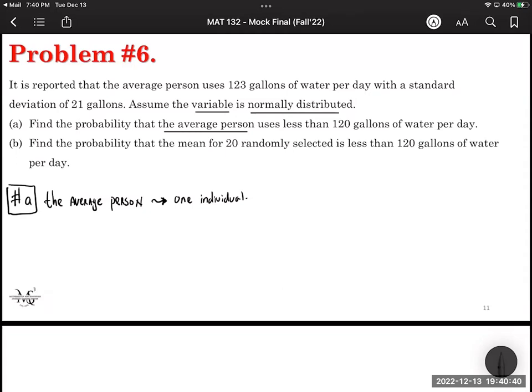A bell shape. So let's say I make my sketch of the bell shape here. Our bell shape is in terms of the variable x, where x represents the number of gallons of water that a person uses per day.